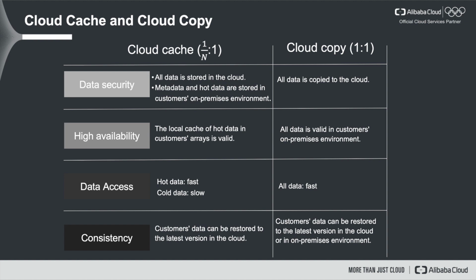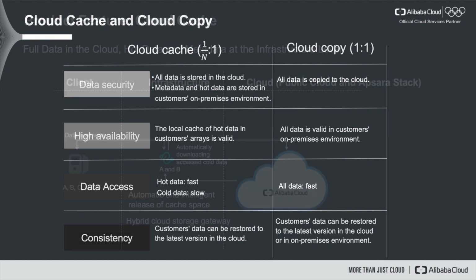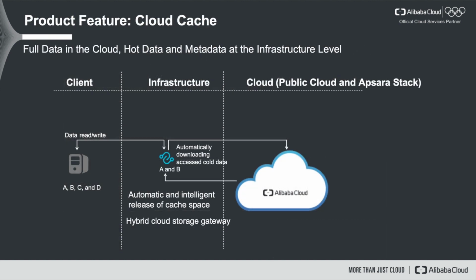The consistency difference between Cloud Cache and Cloud Copy is the following. Consistency in the Cloud Cache configuration means that data can be restored to the latest version in the cloud. Consistency in the Cloud Copy means that customers' data can be restored to the latest version in the cloud or in the on-premises environment. In this picture, we see the following flow.